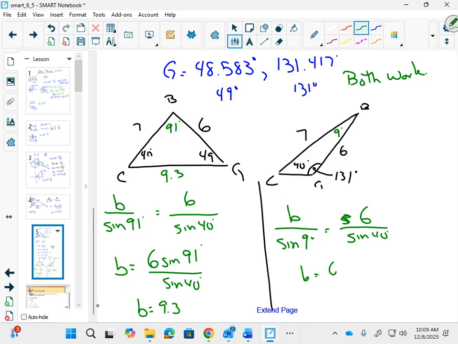So b is equal to 6 sine 9 degrees over sine 40 degrees.